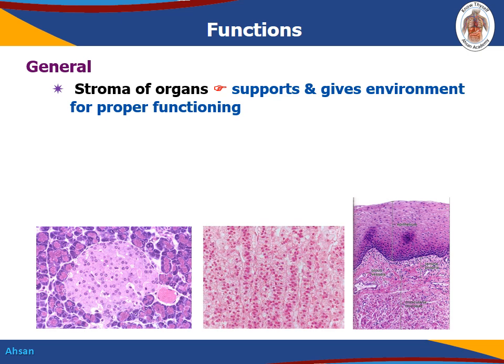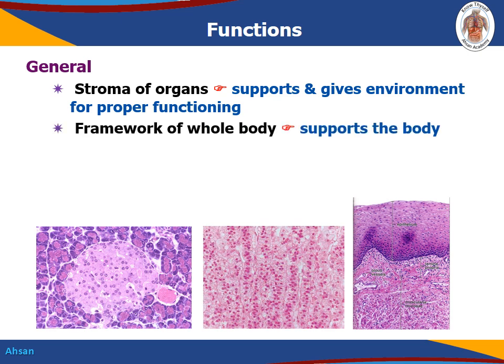Already I have mentioned, each solid organ comprises stroma and parenchyma. Parenchyma is the main functioning cell, and stroma supports the parenchymal cells and gives the environment so that these parenchymal cells can function.